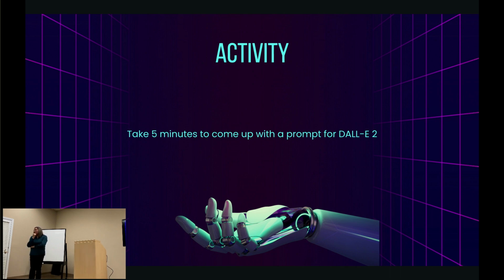DALL-E is not the same company as ChatGPT, right? Yeah, it's OpenAI. Oh, it is the same company. But does it have access to the same underlying data? Maybe. If I say, draw me a basketball, I'm sure it could figure out what a basketball is.